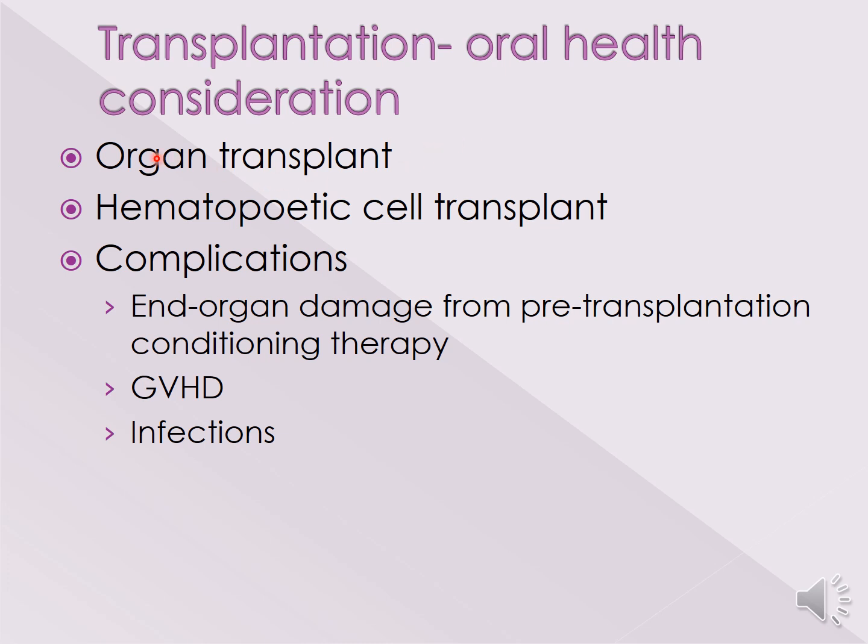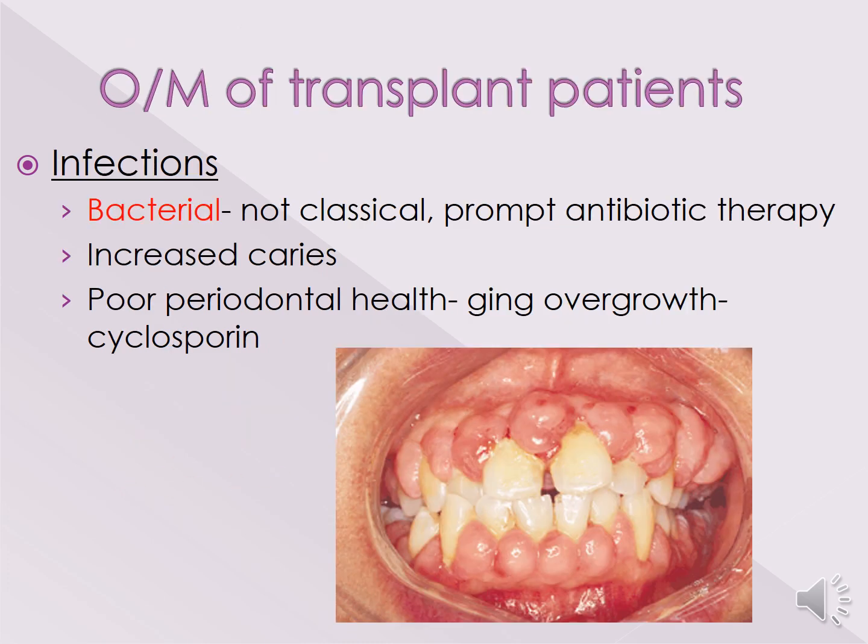First of all, the different types of transplants that are done are organ transplant and hemopoietic cell transplants, and the complications involved with these could be end organ damage from pre-transplantation conditioning therapy itself, or graft versus host disease, or infections. Now, when you have transplant patients, they may have various oral manifestations because of the transplant itself.